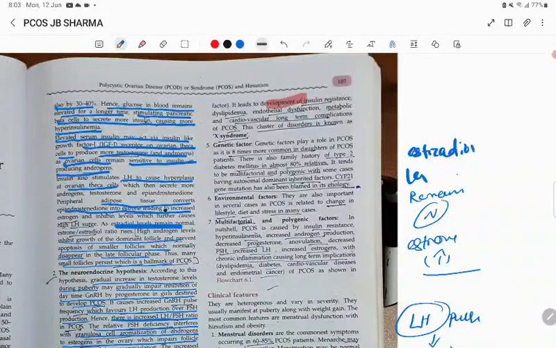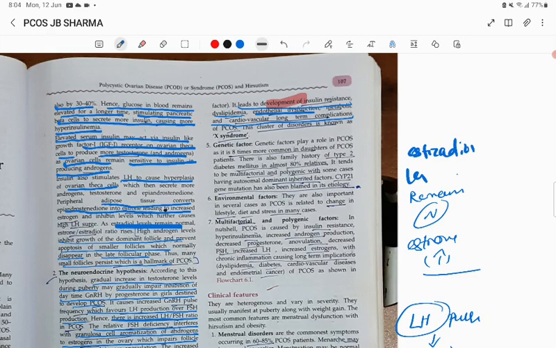All these factors lead to the development of insulin resistance, dyslipidemia, endothelial dysfunction, and metabolic and cardiovascular long-term complications of PCOS. This cluster of disorders is known as metabolic syndrome or syndrome X.